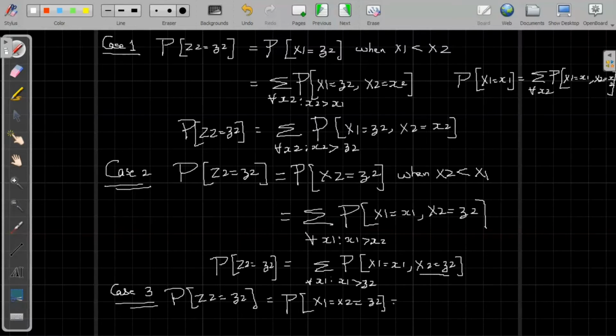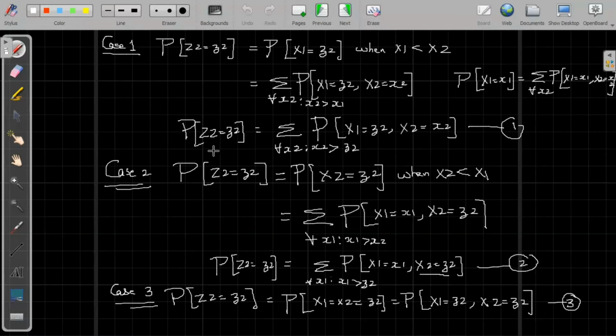So this is nothing but the case of joint probability that x1 is z2 and x2 is also z2. So this is the final result in case 1, this is the final result in case 2, and this is the final result in case 3.